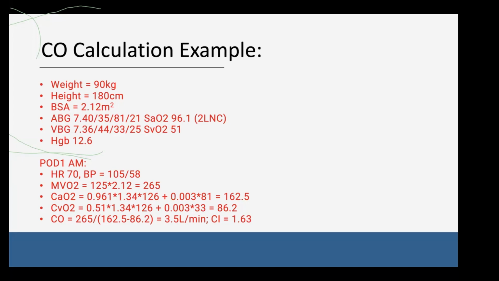Our central venous is done the same way. Our SAT is 51, so 0.51 times 1.34 times 126, plus our oxygen content on the venous side, and therefore we get 86.2. And when I calculate that, the 265 divided by the difference in the arterial content minus the venous content, I get a cardiac output of 3.5, which is from 3.6 previously, and a CI of 1.6 from 1.7.